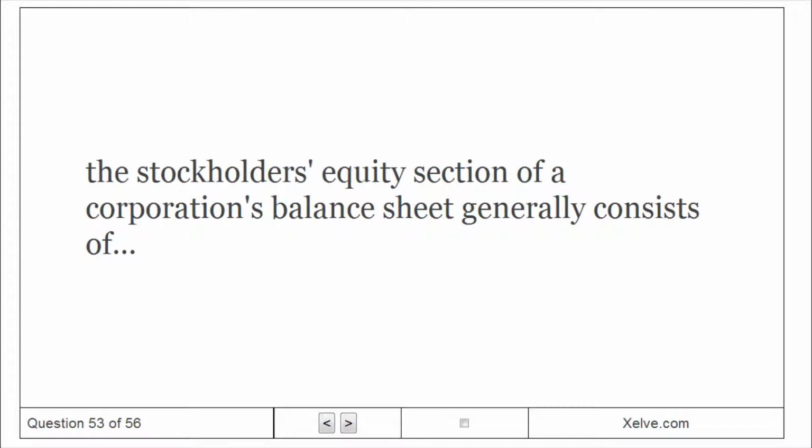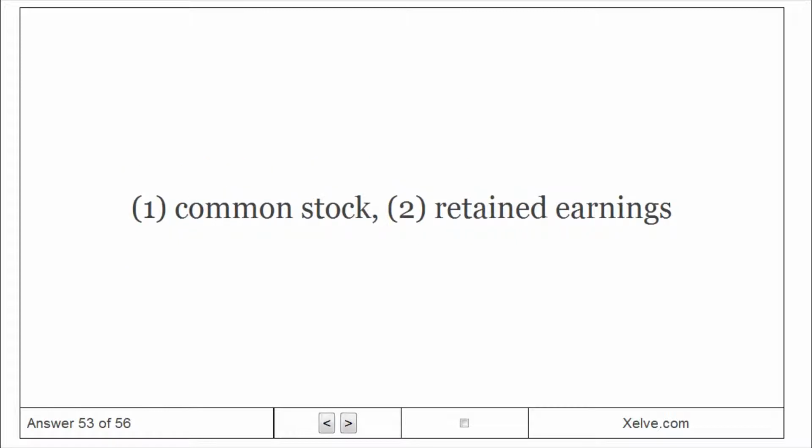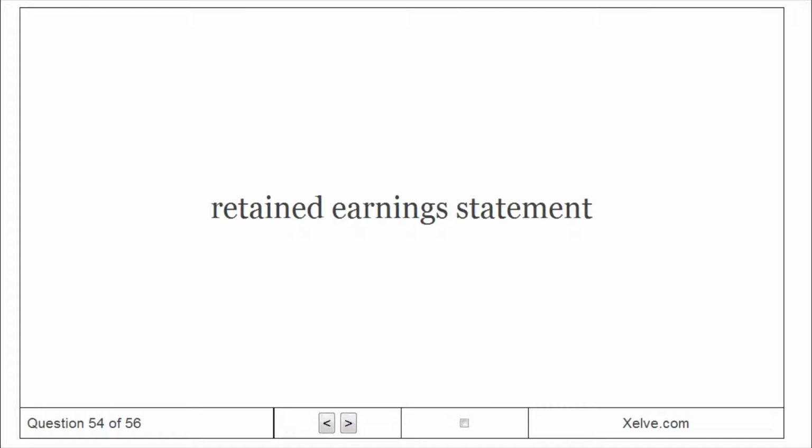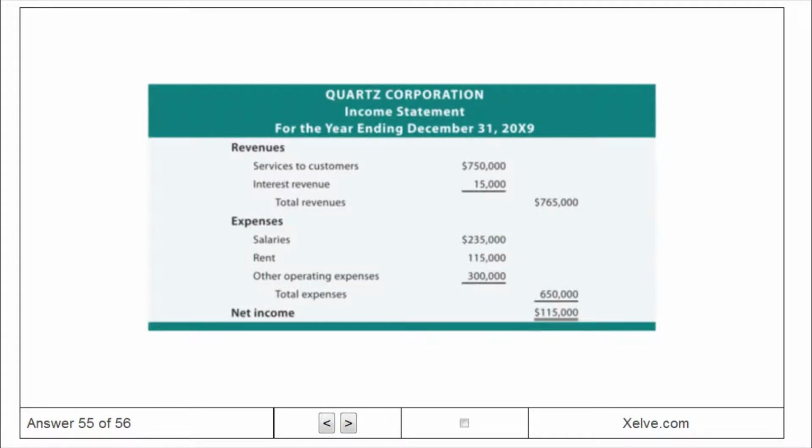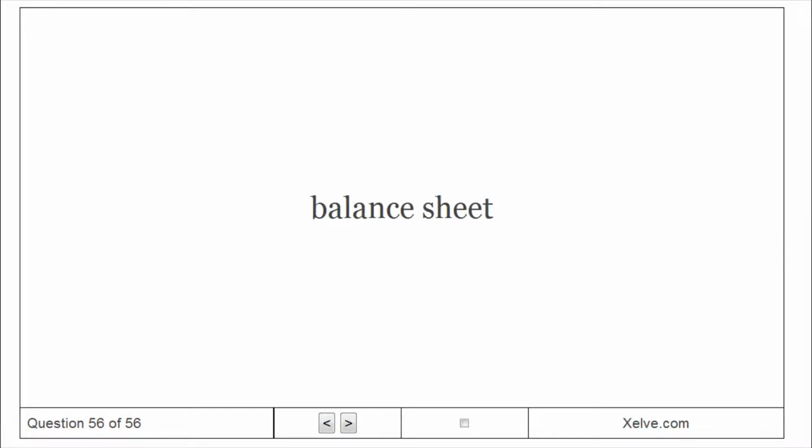The stockholders' equity section of a corporation's balance sheet generally consists of common stock, retained earnings. Retained earnings statement. Income statement. Balance sheet.